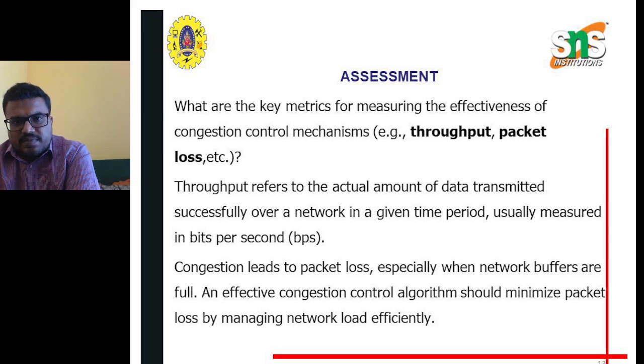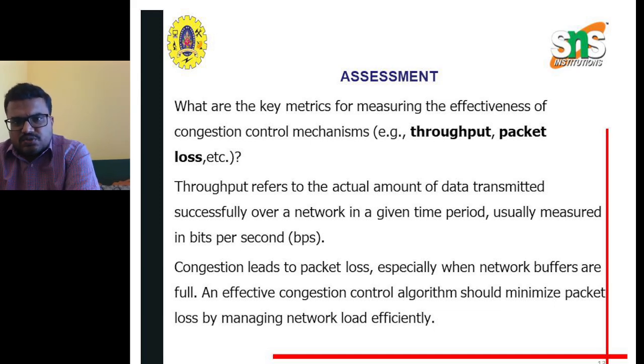Assessment: what are the key metrics for measuring the effectiveness of a congestion control mechanism? Throughput and packet loss are the main measures of a congestion control algorithm. We need to check throughput and packet loss.